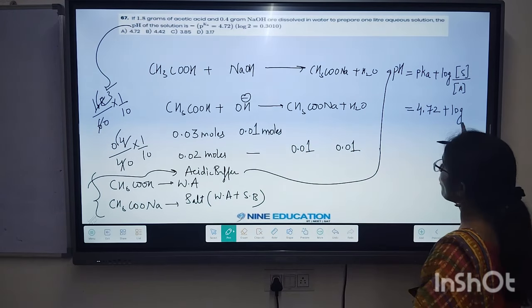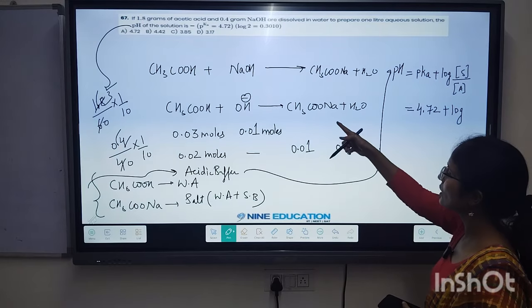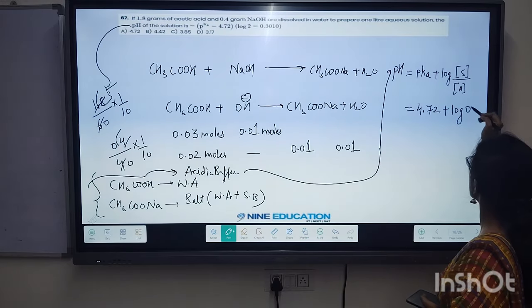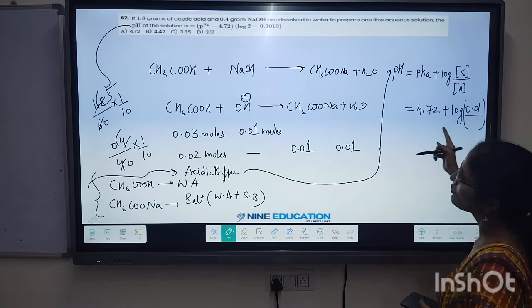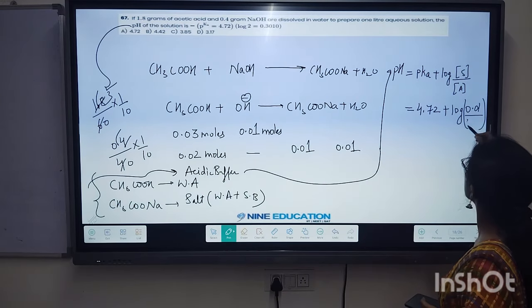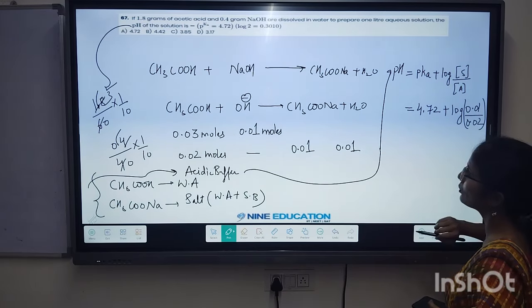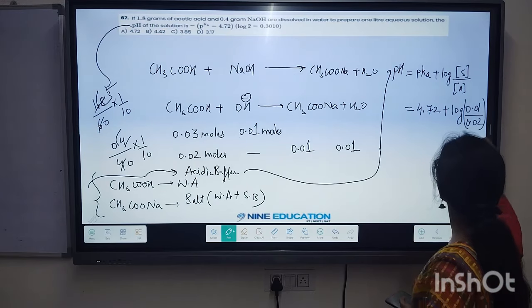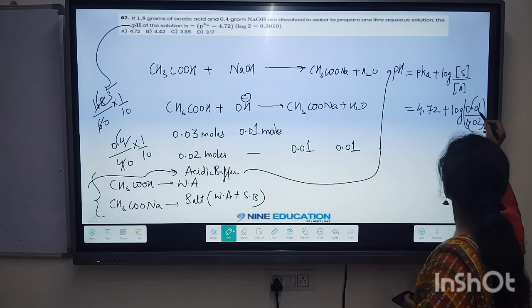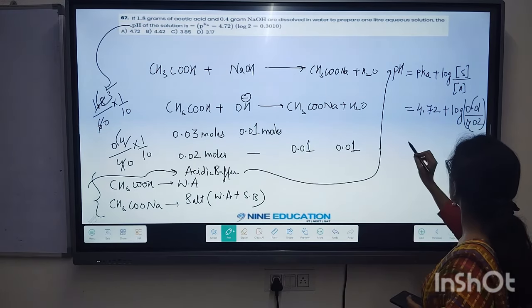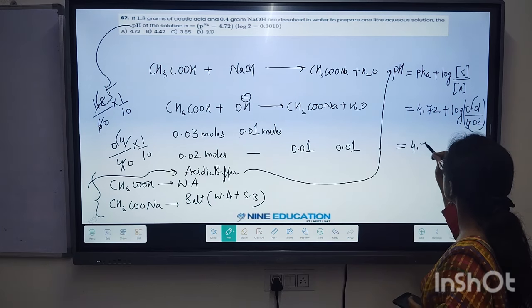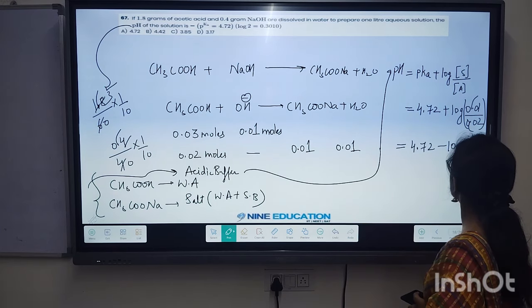So log of 0.01 is the CH3COO minus concentration, divided by acid, which we are having 0.02. Now this will be coming log 1 by 2, log 1 minus log of 2, so 4.72 minus log of 2.